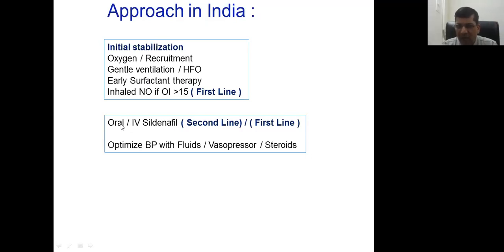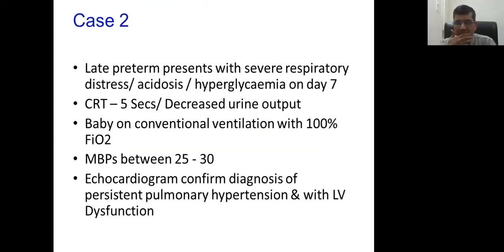But if I don't have it, then we use oral or IV sildenafil. Naturally, that's the second line, but some units have it as first line. We need to stabilize the blood pressure by fluids, vasopressin, steroids. We'll come to that point, but that is the most important aspect. That's the first case we discussed, with normal ventricular function. So we have discussed that there is a pulmonary hypertension, but the ventricles are okay.